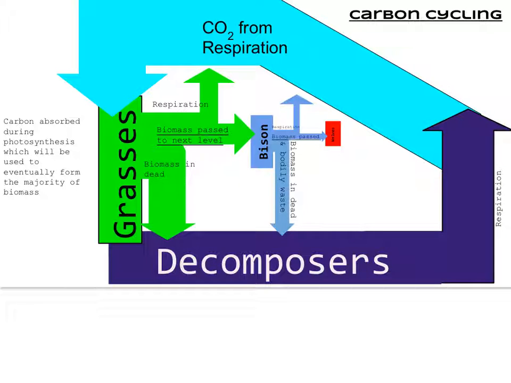But what could happen to all that biomass, little as it is, is it could go back to the decomposers as the wolves die. Or all those carbon atoms could be respired because wolves also have mitochondria.